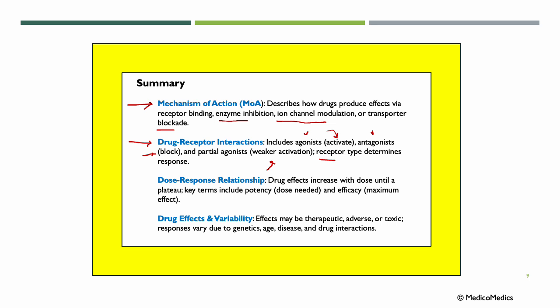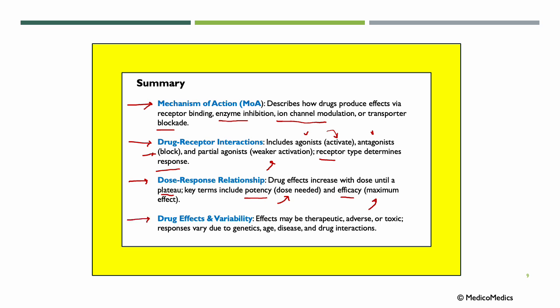And of course, that receptor type will determine the response. We then move to dose-response relationship. So drug effects increase with dose until we reach a plateau. And key terms here included potency, so the dose needed, and efficacy, the maximum effect.